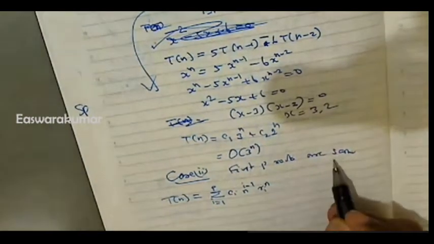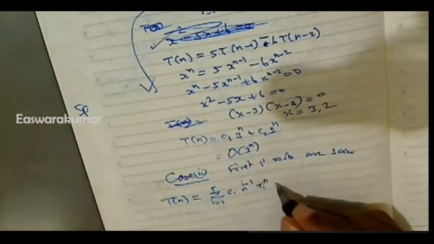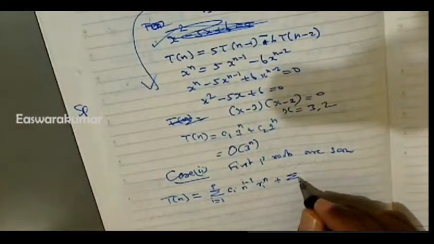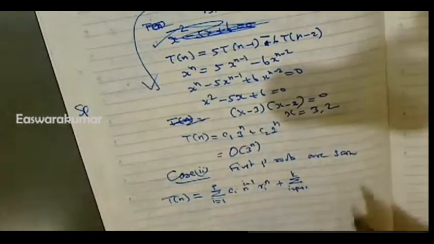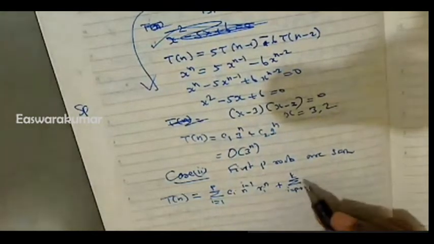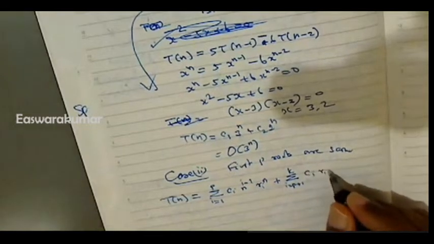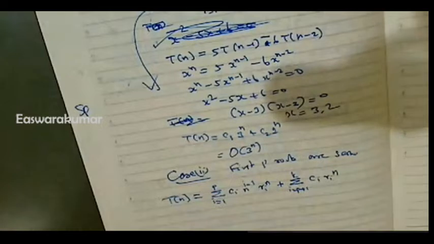So the first p roots are assumed to be same, and this is the general solution for them. For the remaining roots, that are distinct, we can write i is equal to p plus 1 to k. There are k roots, right? So for the remaining distinct roots, we can write c i r i power n, like we have written earlier.